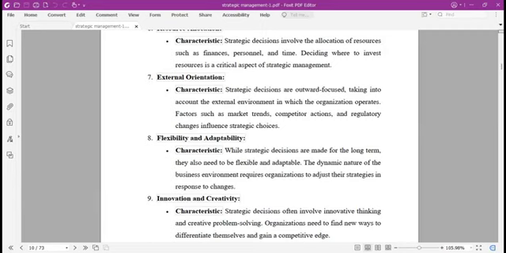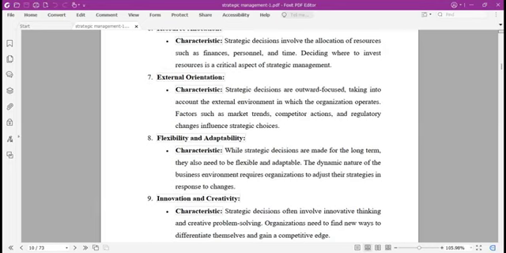whether for the long term or otherwise, decisions made must be flexible, in line with the mission and vision of such an enterprise. The dynamic nature of the business environment requires organizations to adjust their strategies in response to changes.